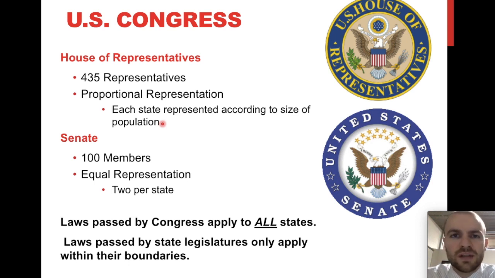Illinois right now currently has 18 House representatives. If our population is found to have decreased over the past decade, we are going to get fewer House representatives in the next decade. However, if our population were to have gone up over the past decade, then we would get more representatives in Congress over the next decade. So it's all based on proportional representation.